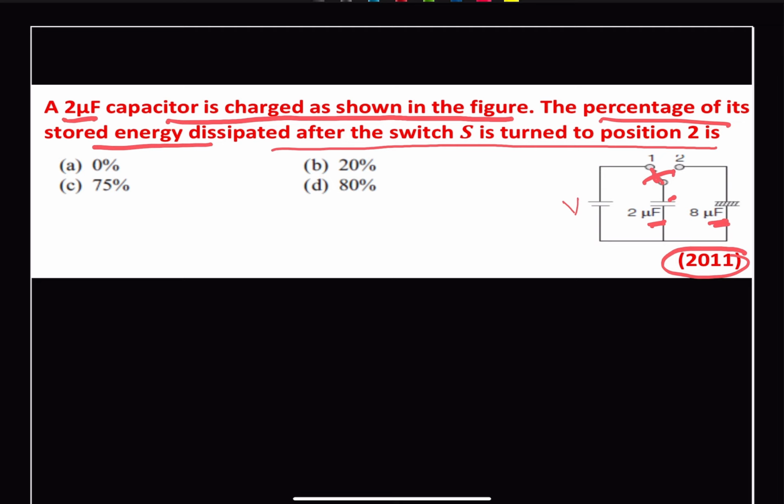So let's find out first of all the energy stored in the 2 microfarad capacitor when it is connected to the V voltage source. That will be our initial energy. Then we are going to find out the final energy and find out the percentage.